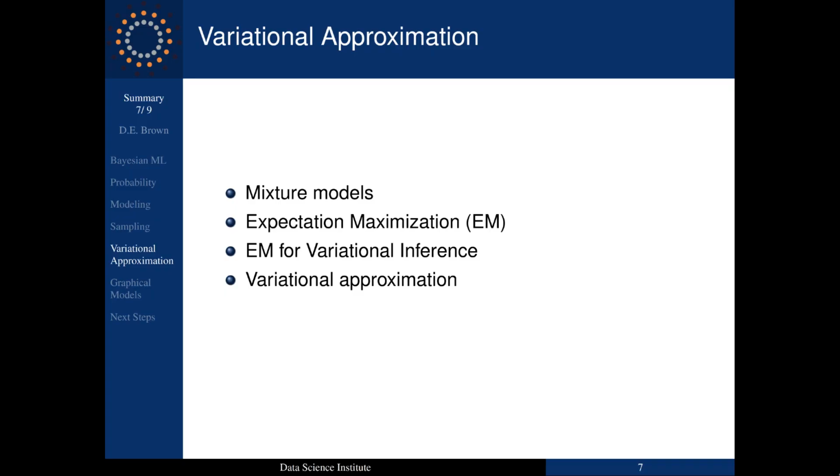These optimizations then give us close fits to unknown distributions. They're not as close a fit as we get with MCMC, but in many problems they're good enough. And the difference between this approach and MCMC is that this approach scales to really big data problems. So unlike MCMC, which can only be used for moderately sized data problems, variational approximation can be used for the truly big data problems that we face today in data science.